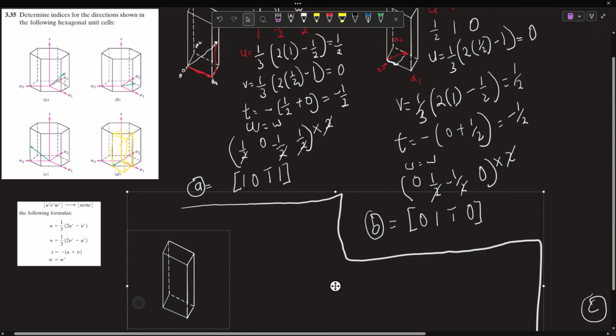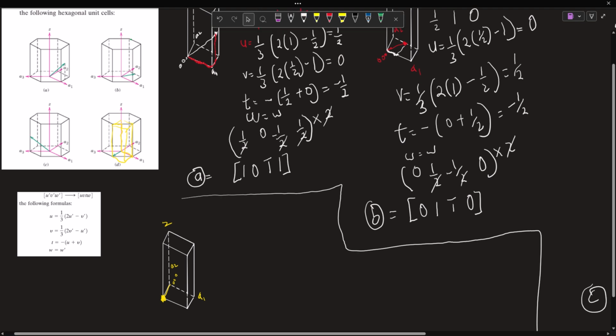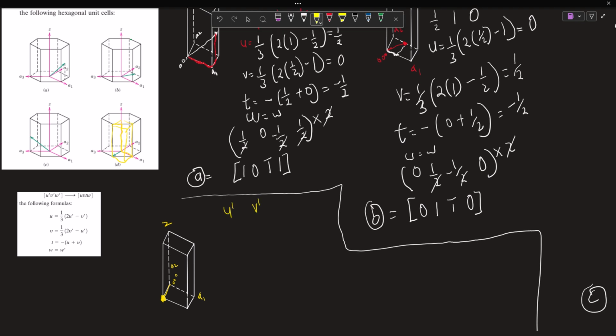So this is our origin, then the arrow goes this direction, and I have our A1, our Z, and our A2, which goes this direction. Remember, when you're reading, you have to read serially, go from origin to A1 to A2, then to our Z. So our A1 is also known as U prime, our A2 is also known as V prime, and our Z is also known as W prime or C.